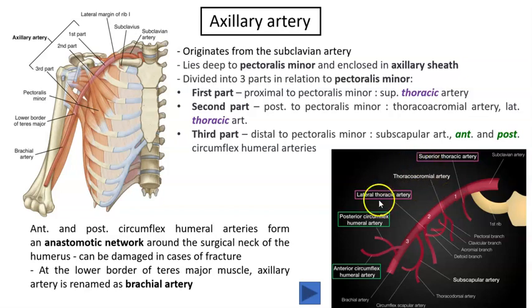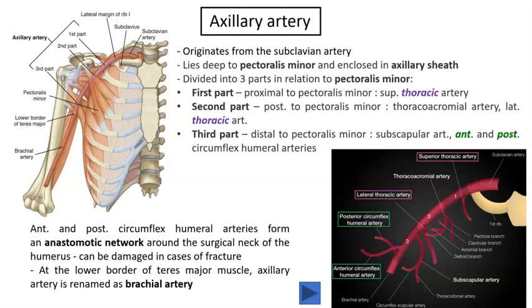So these arteries are branches from the axillary artery. And what about this? Okay, the posterior circumflex humeral artery. Remember this? We mentioned this in the quadrangular space, supplying the rotator cuff muscles.